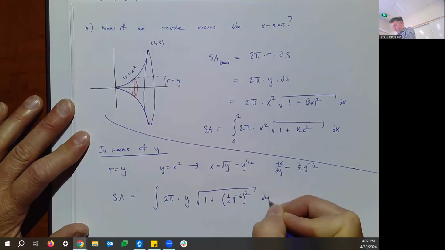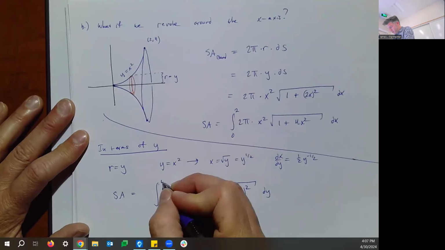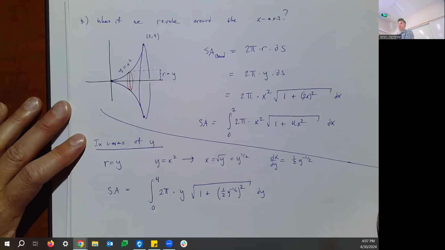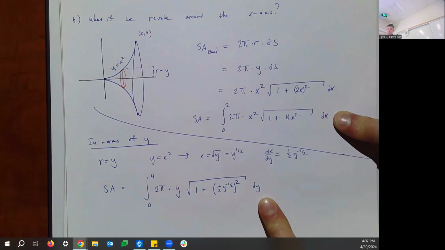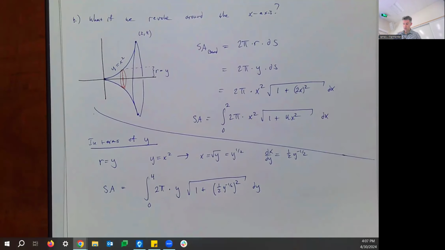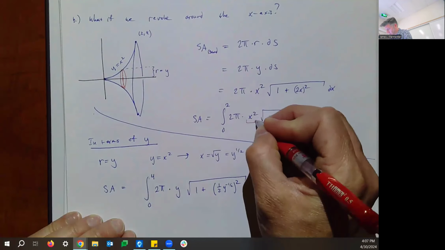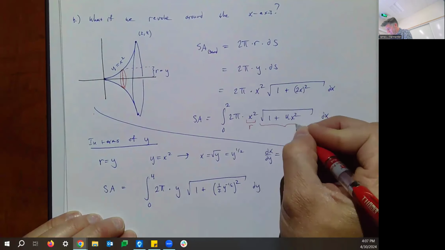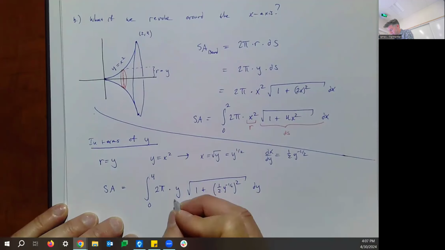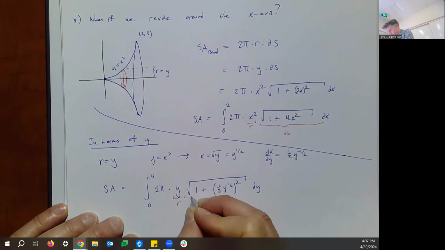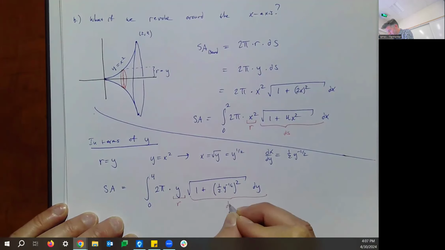And then y would go from 0 to 4 instead of 0 to 2. I want to really point out these two integrals represent the same surface area. Doing it this way in terms of x, my radius is x squared, and there's my ds. Doing it this way in terms of y, my radius is just y, and there's my ds.